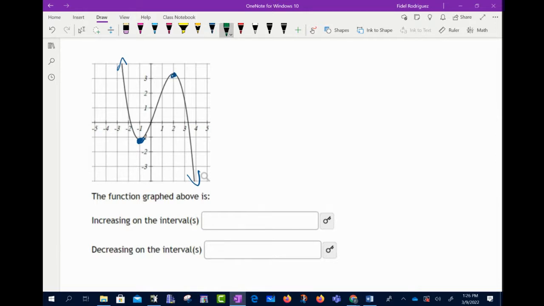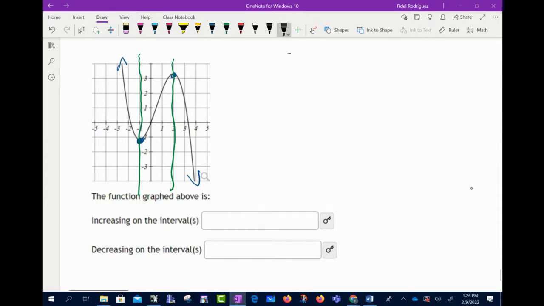This is what I'm going to do. I'm going to draw a vertical line right here, and I'm going to draw another vertical line right here. Now we're going to think about where the function is either increasing or decreasing.